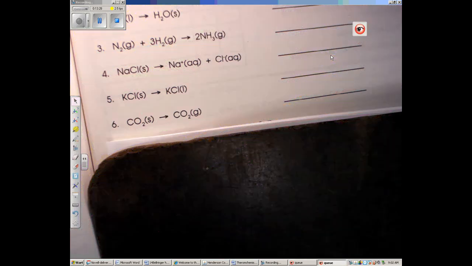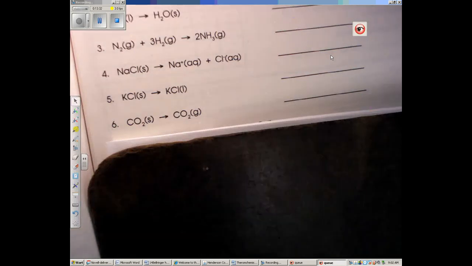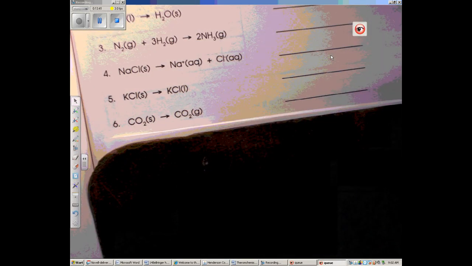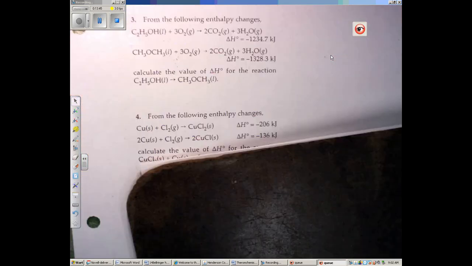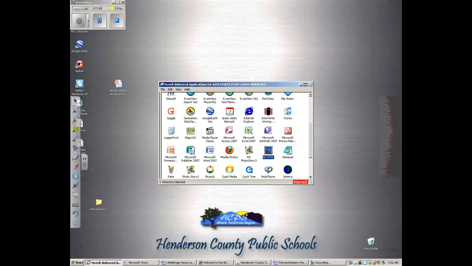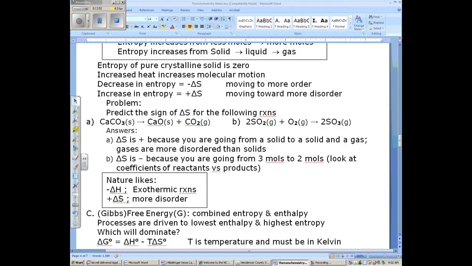More disorder, so it is positive. Right? That's solid to a gas. It is called what? Sublimation. Good. All right. Do you feel okay with those? Okay. On your homework, you will have some problems dealing with figuring out the sign of delta S.